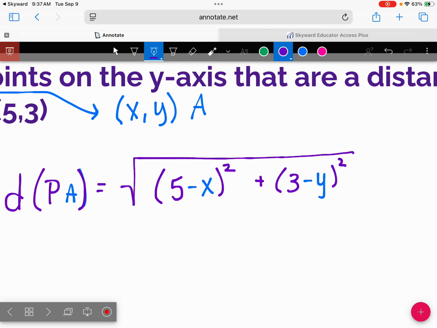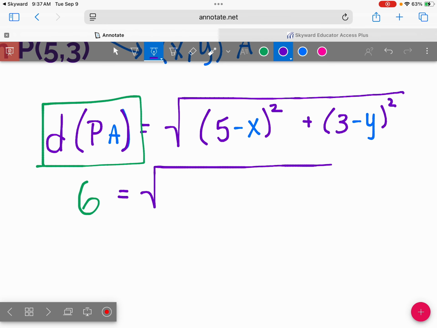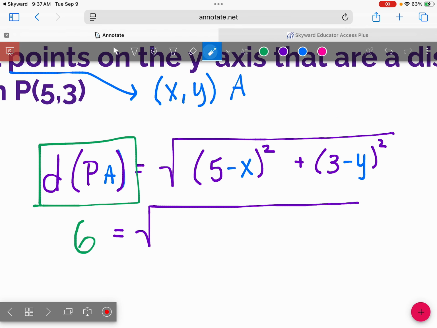We want them to be a distance of 6, and we want them to be on the y-axis. So if I need them to be a distance of 6, it means I actually know what number is going to go here. 6. And if we want points to be on the y-axis, we actually know a little bit more too.